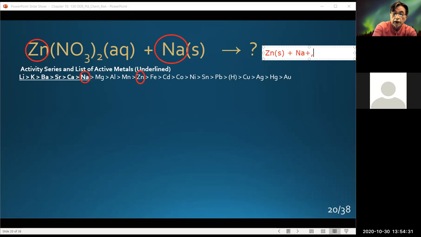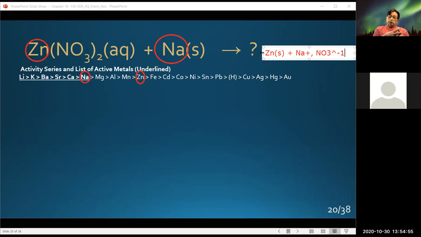And nitrate is a -1. Now, how do I know that? Two ways. One, the polyatomic ion table tells me that NO3 has a -1 charge.